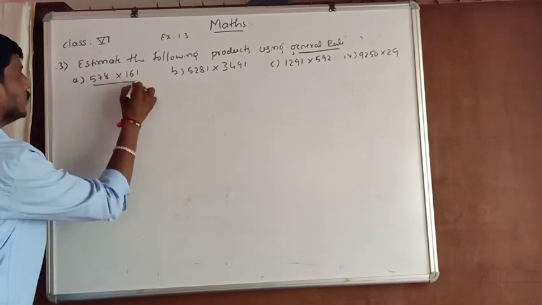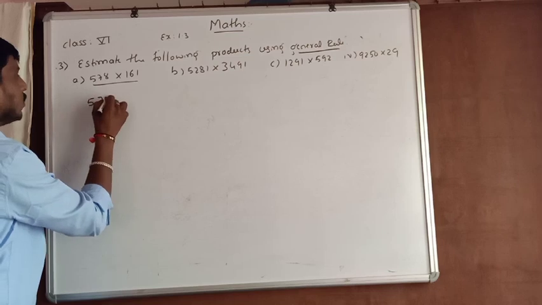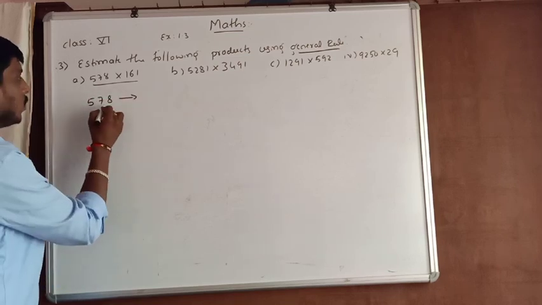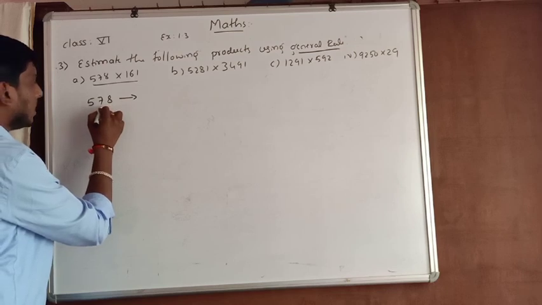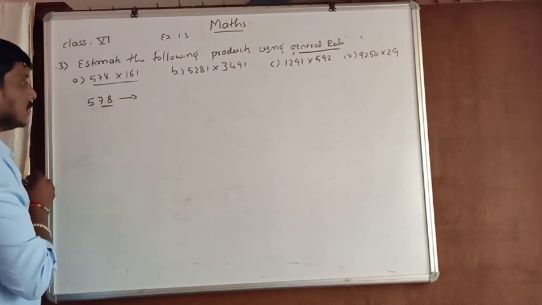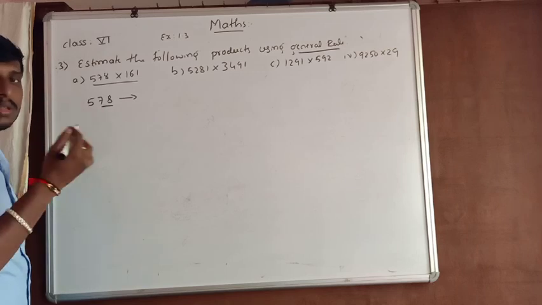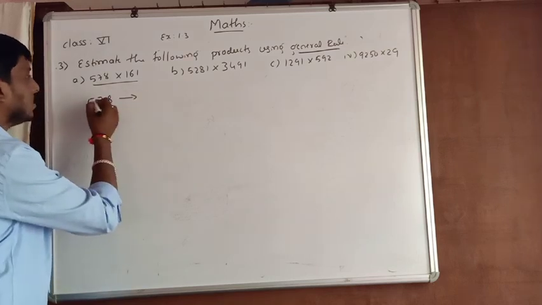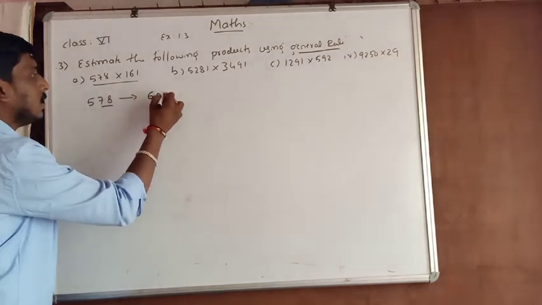So I will take this one. 578: how to convert, rounding to what? I will round to the tens place. Tens place means take 2 digits. 78 is more than 50, so it becomes 600.